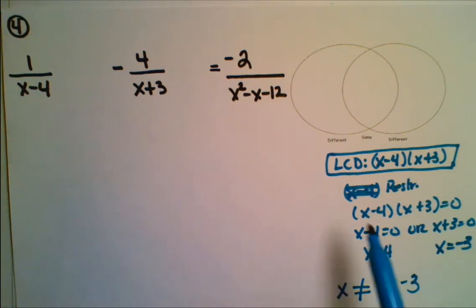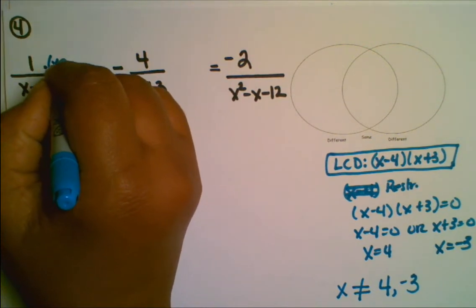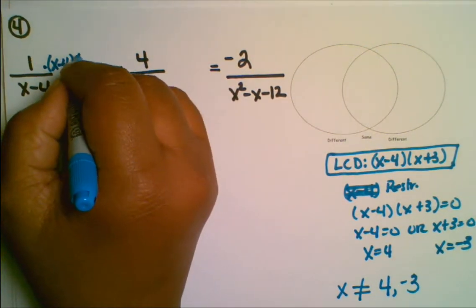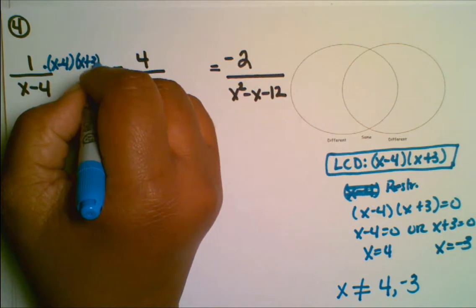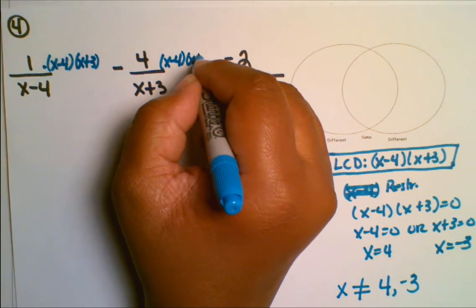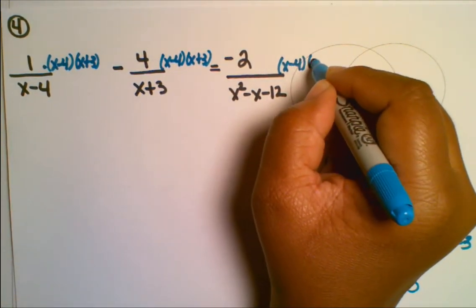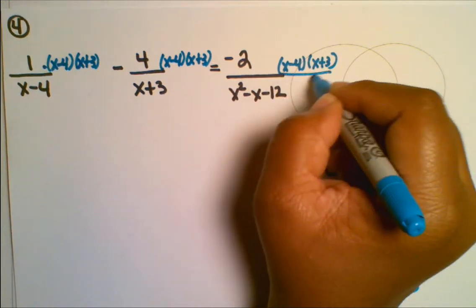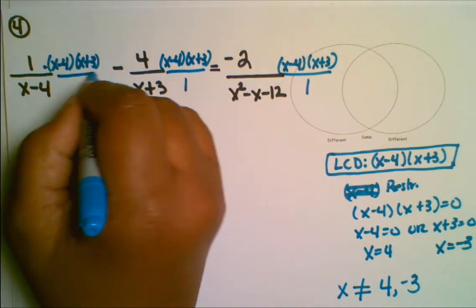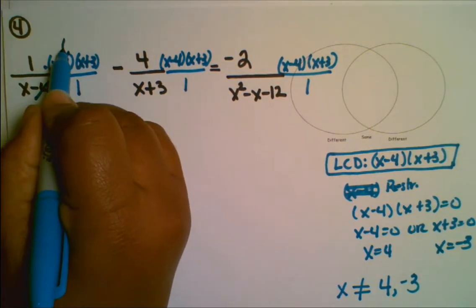So what we're going to do now is take the LCD and multiply it to every term so we can get rid of the denominator and make the solving of this equation easy. Look at the first term. The x minus 4 is canceled out.